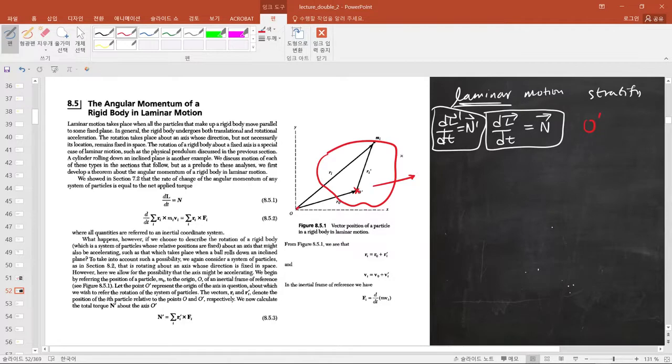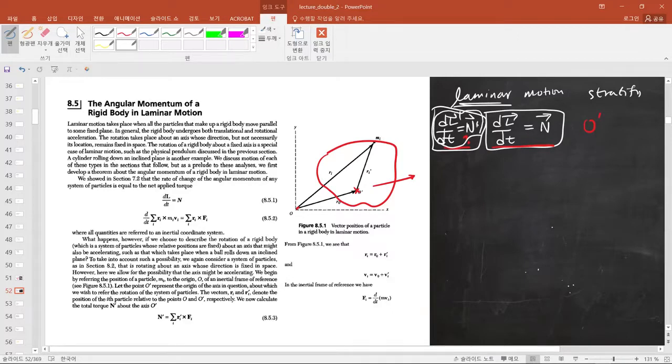So can I still use this equation? L prime is the angular momentum with respect to O prime, and N prime is the torque with respect to O prime. Okay, so does this still hold? Here, for the outside reference frame, we know that this holds because this is the standard torque equation.